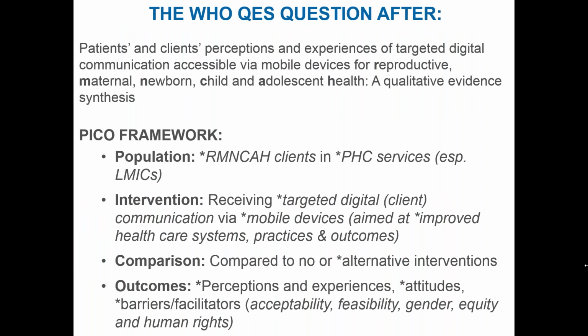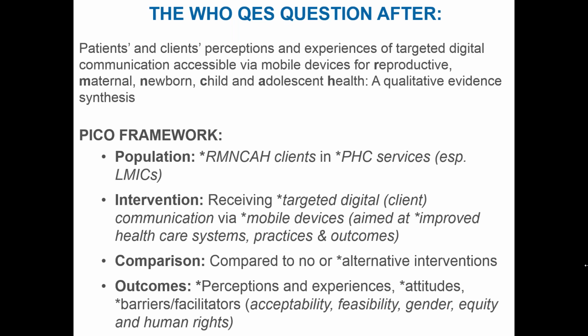So it went from a very simple question to a more expanded question, which reads: patients' and clients' perceptions and experiences of targeted digital communication. So targeted is included now, as well as what kind of communication, that is accessible via mobile devices, for whom, for reproductive, maternal, newborn, child, and adolescent health, a qualitative evidence synthesis.